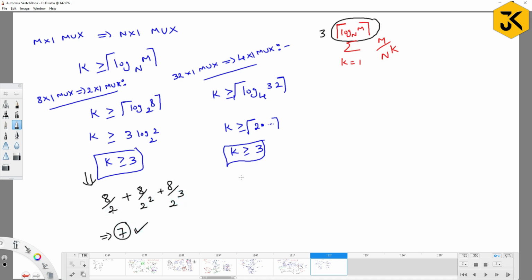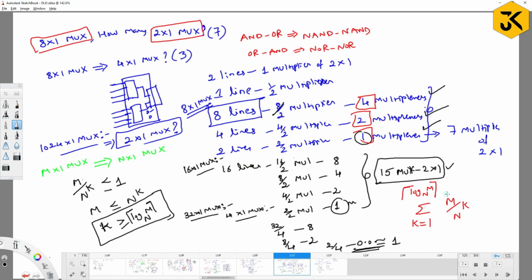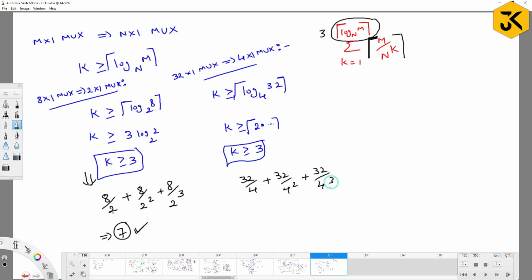Similarly here also, something like 32 by 4 plus 32 by 4 square plus 32 by 4 cube. The last term should be the ceil, I think. Again, this also should be the ceil. Why am I taking the ceil? 32 by 64 is 0.5, and that should be made 1.